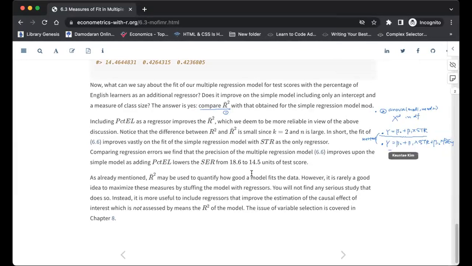Assuming the second multiple regression model is the full model, the simple model is nested in it, because the second model just adds the percentage of English to the simple model.